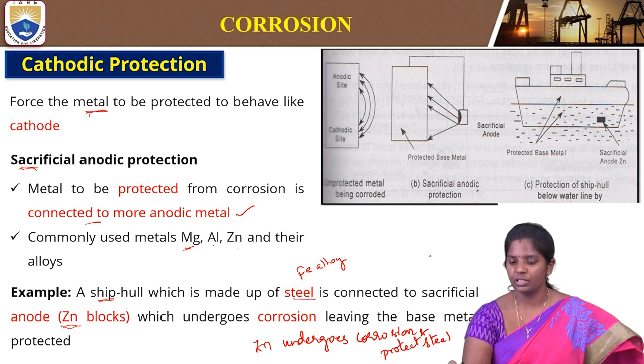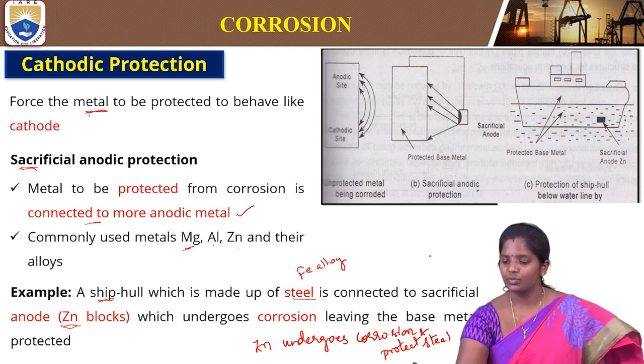The same thing is projected in this figure. As we see here, this is the sacrificial zinc anode that is placed, and this is the metal, iron or steel, that is present. The anode will be sacrificed and the whole boat or ship will be protected from corrosion.